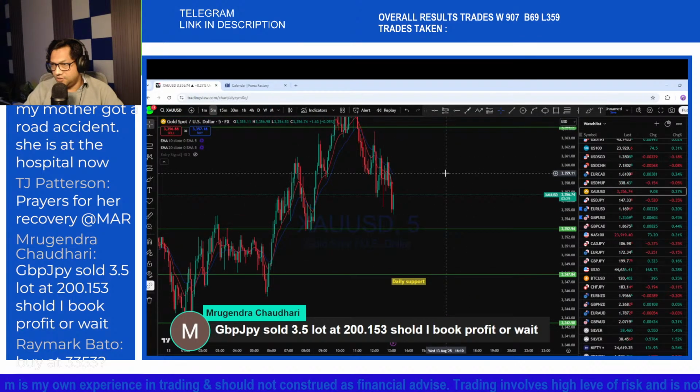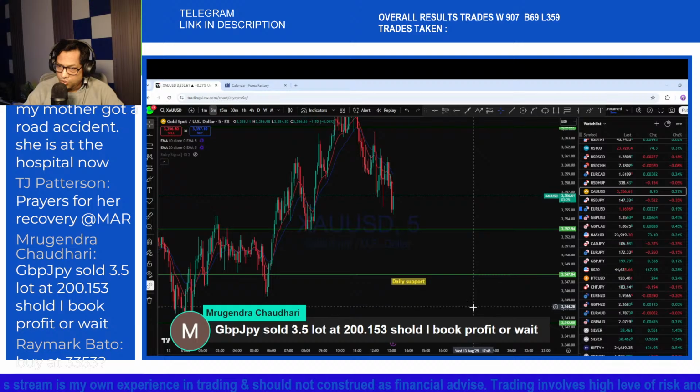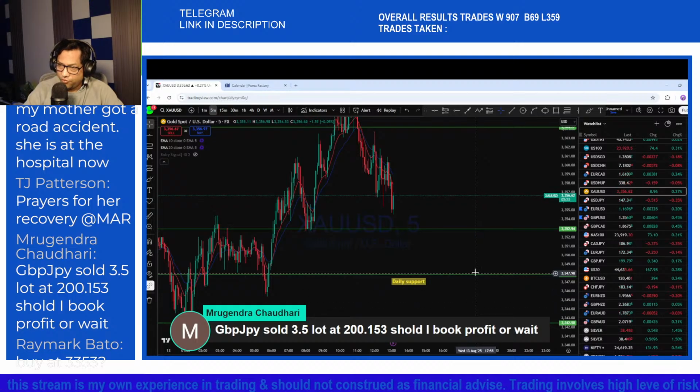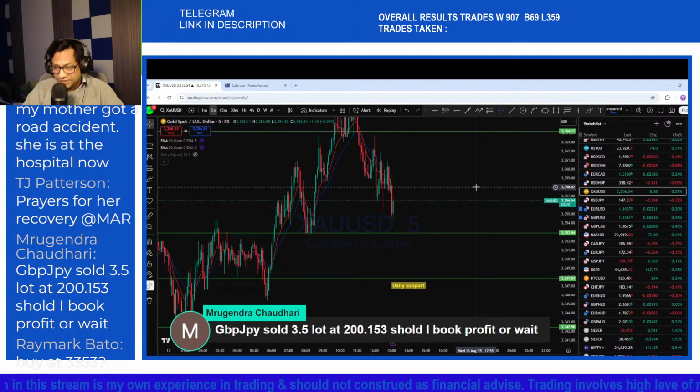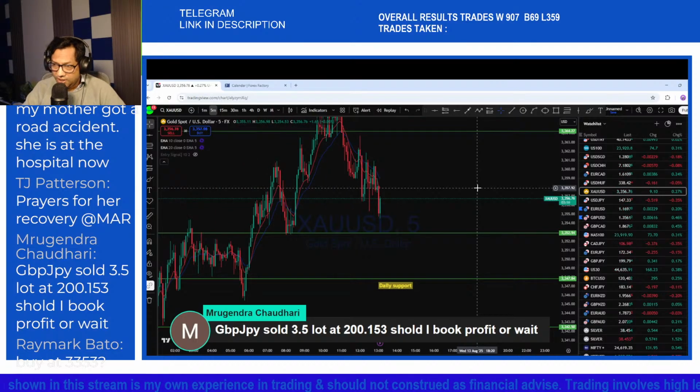And if the market drops to that level, which is the zone that we can look for possible rejection back to the upside, as daily low is quite important.